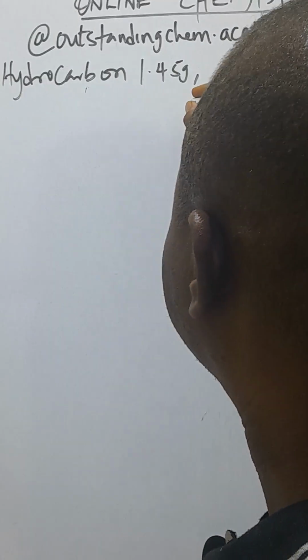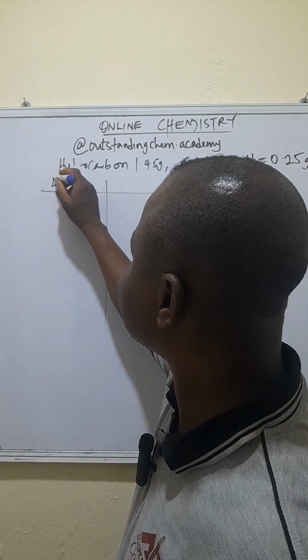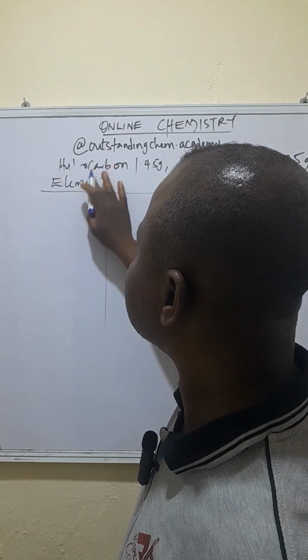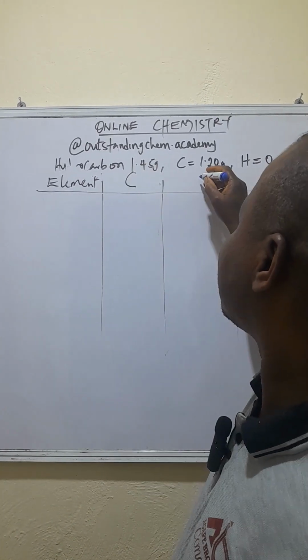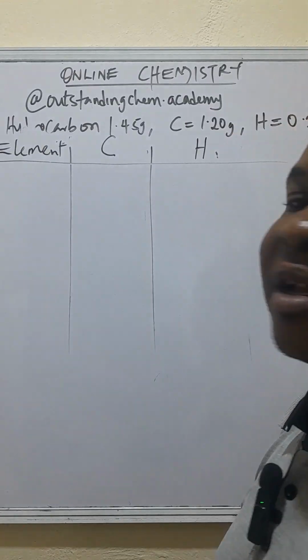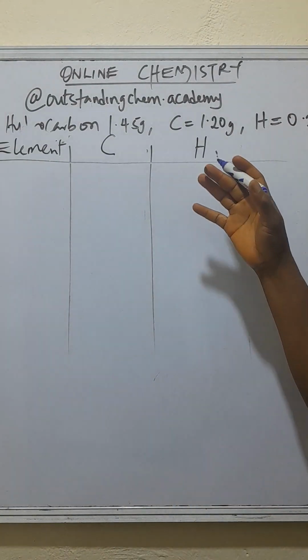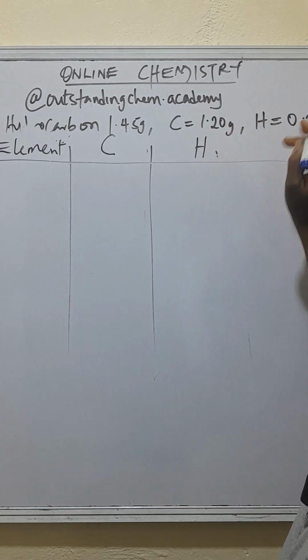So let's quickly rule our line. All right, let's look at elements. What are the elements we have? We have carbon and we have hydrogen. Now, what are the values of the respective carbon and hydrogen?